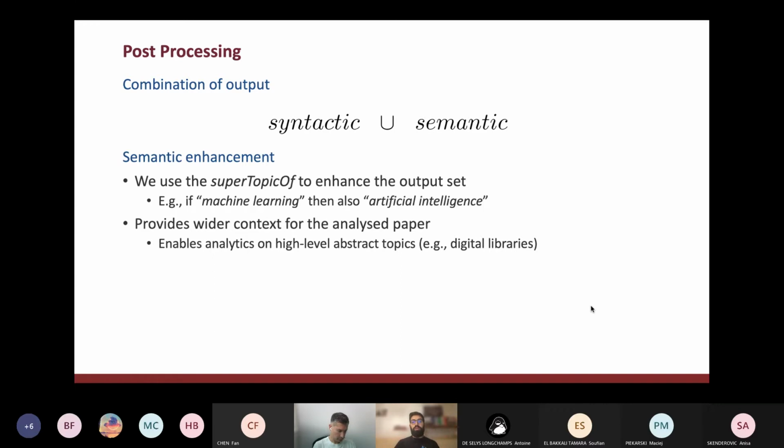For example, if the classifier has inferred machine learning, I also add artificial intelligence, because artificial intelligence is a broader topic of machine learning. A paper talking about machine learning is most certainly about artificial intelligence too, and this allows us to get a broader context of the paper.